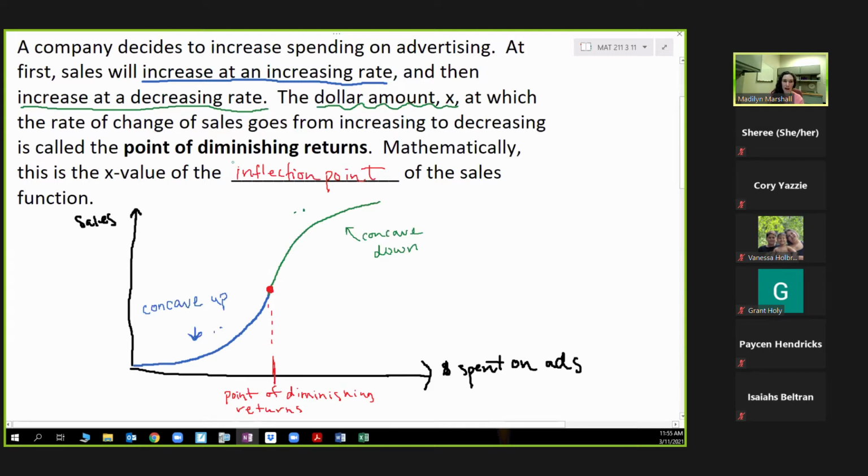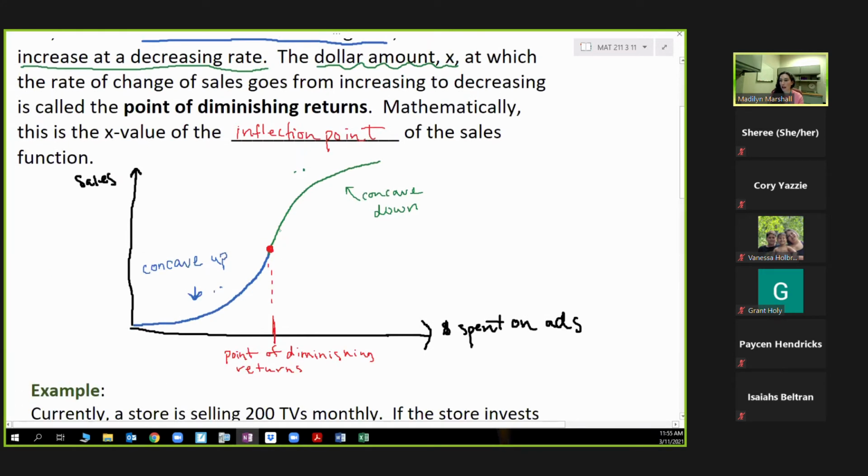So we've actually already done all of the work we need, because it is just the x value of that inflection point.